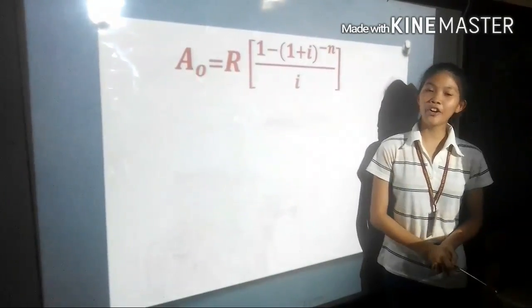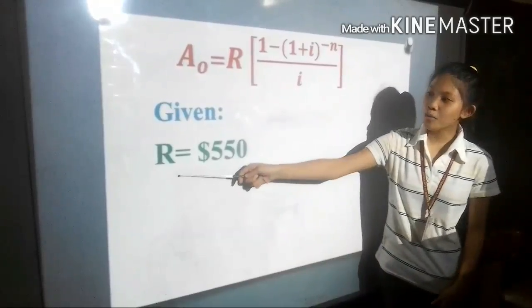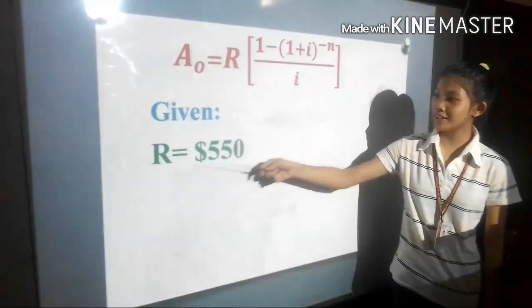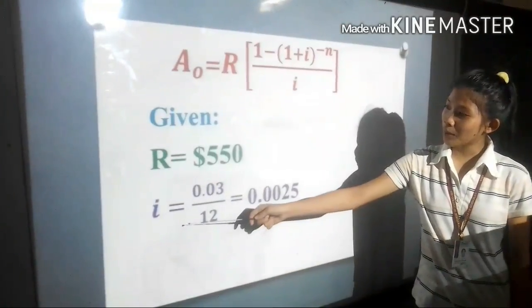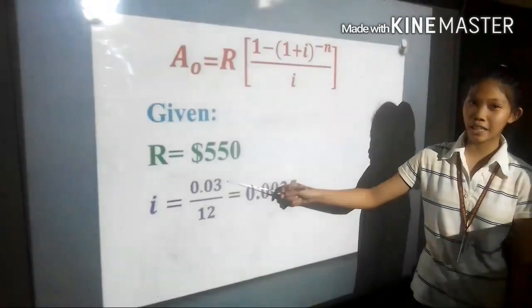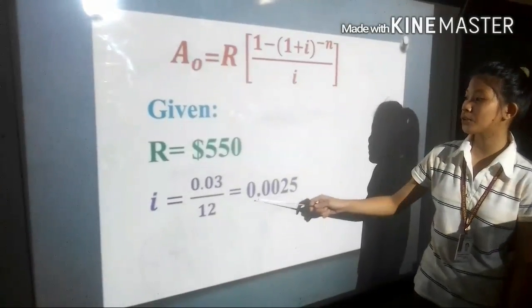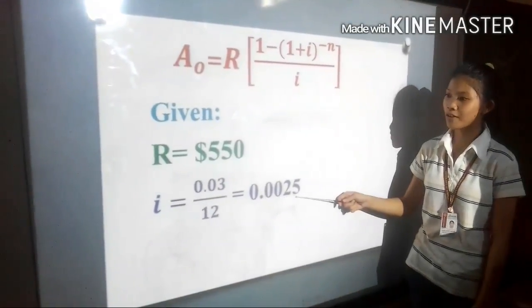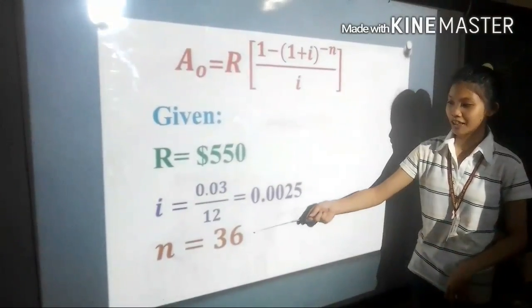But before that, we are going to write first the given data. R, the periodic payment, is equal to $550. i is equal to the interest rate, 0.03, divided by the conversion period, 12, which is 0.0025. And n, the number of payments, is equal to 36.